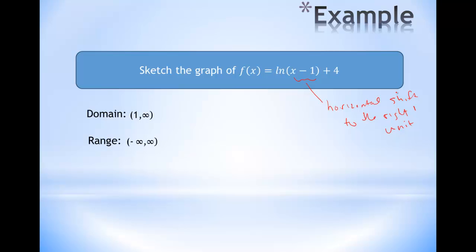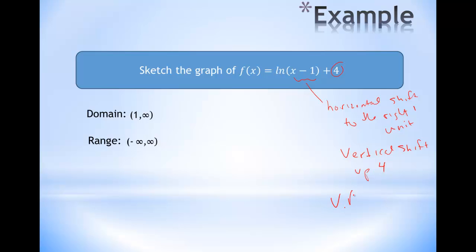I do have a vertical shift, this +4 here, and that's going to be upward, up 4. So my graph is going to shift to the right 1 unit and up 4. It's also going to move my vertical asymptote.